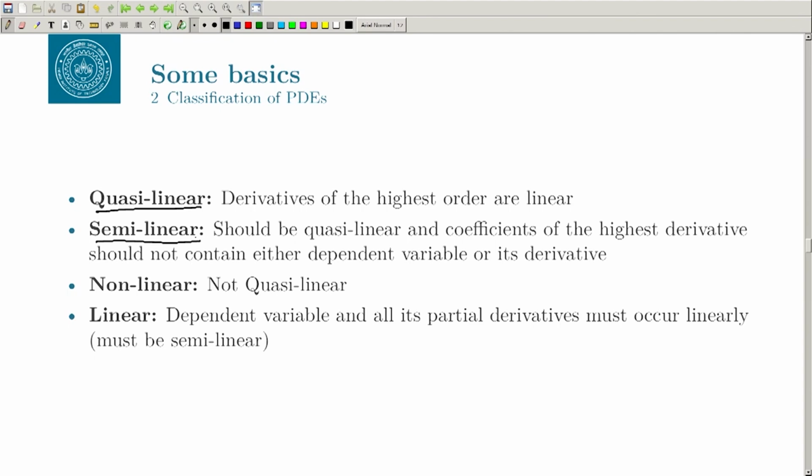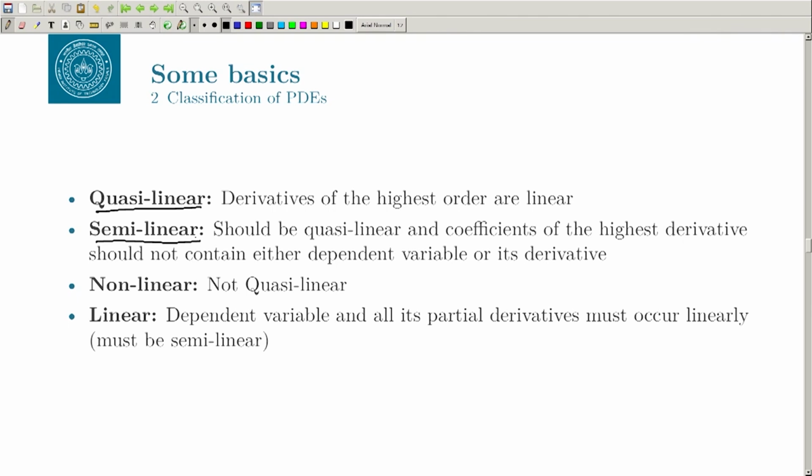Although what I have seen is that in the literature these two terminologies are mixed, and they may have different definitions, but the difference between non-linear and linear is quite clear.